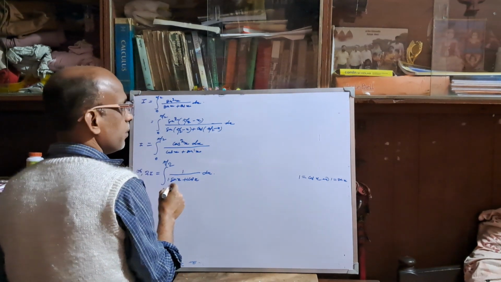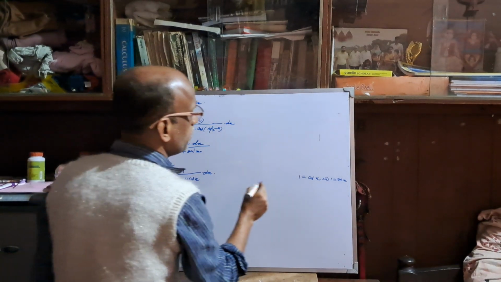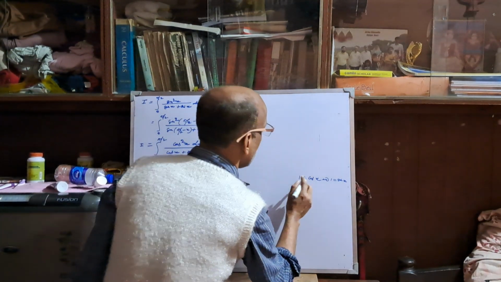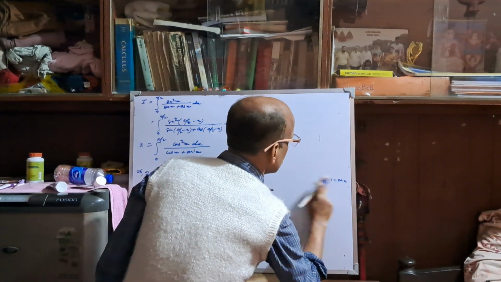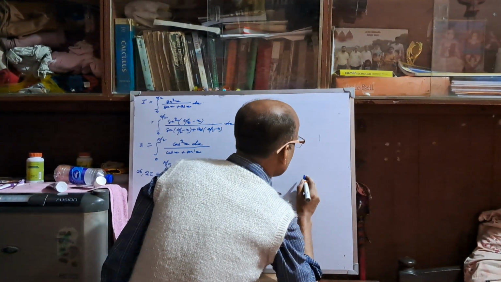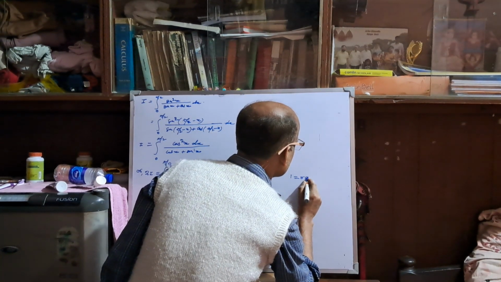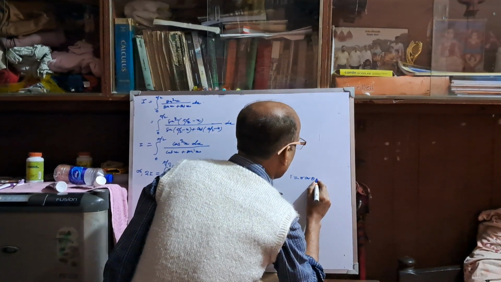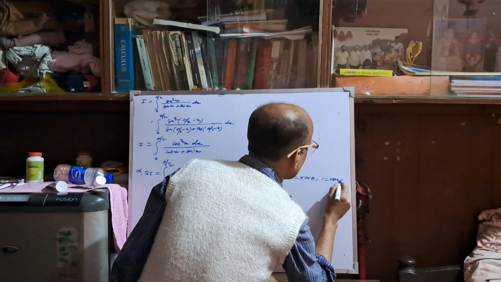1 is equal to r cos theta, and 1 is equal to r sin theta.